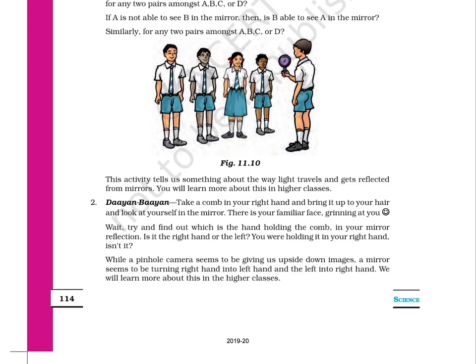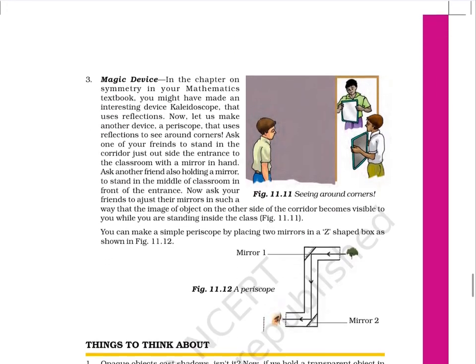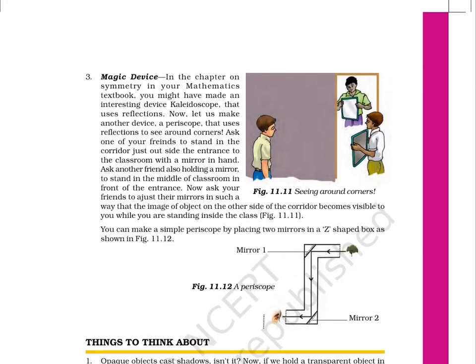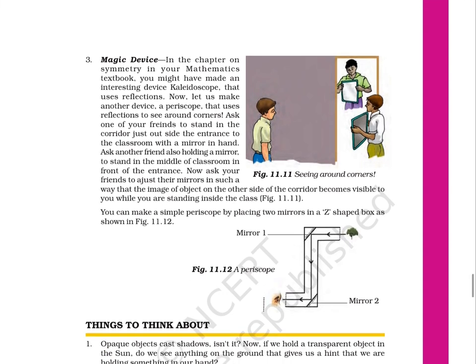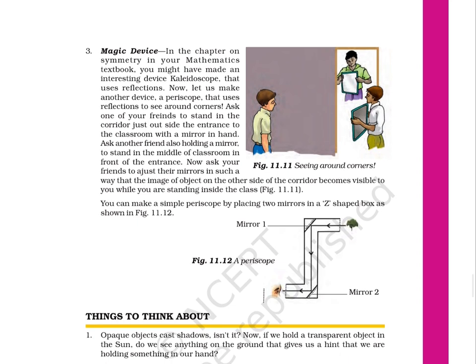Page 115. 3. Magic device. In the chapter on symmetry in your mathematics textbook, you might have made an interesting device, kaleidoscope, that uses reflections. Now, let us make another device, a periscope, that uses reflections to see around corners. Ask one of your friends to stand in the corridor just outside the entrance to the classroom with a mirror in hand.